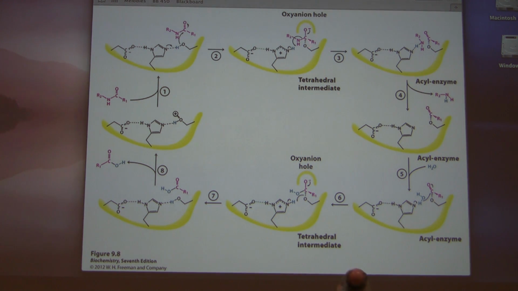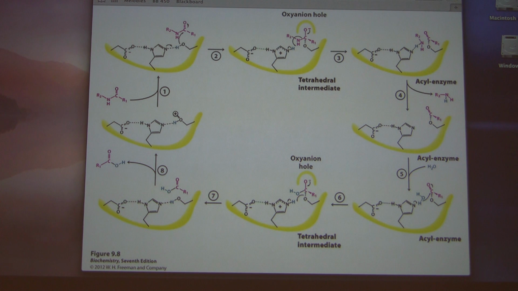That results in the formation of an intermediate that is stabilized by an oxyanion hole so that it can fall apart. It does. The falling apart releases one half of the polypeptide chain. The other half becomes covalently linked to the serine side chain. We've just finished the fast step of the process.